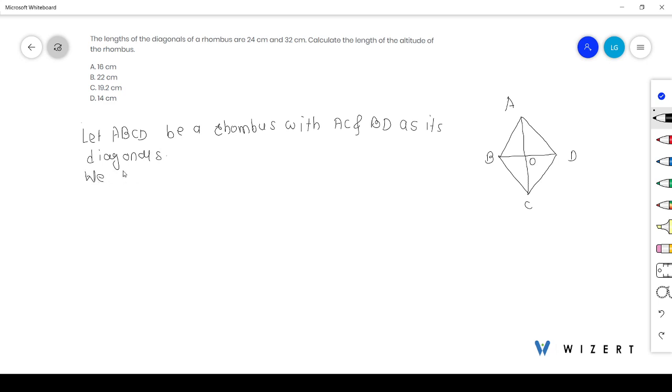We know that the diagonals of a rhombus bisect each other at right angle.